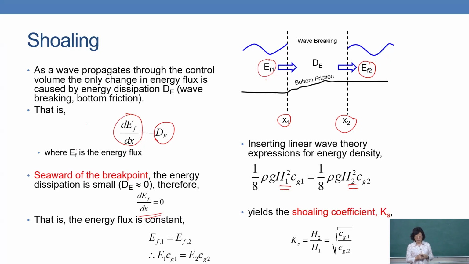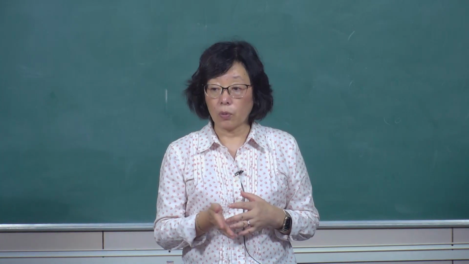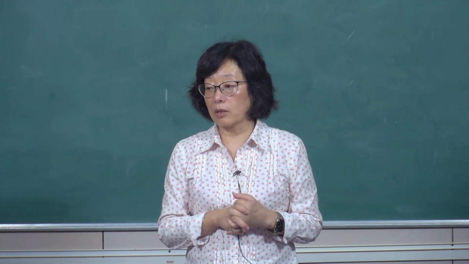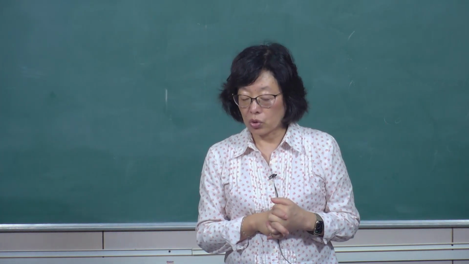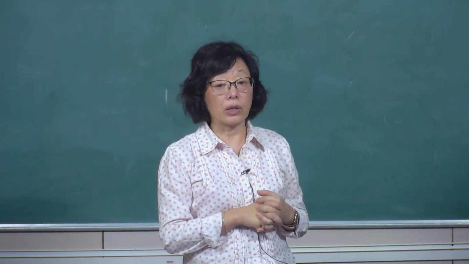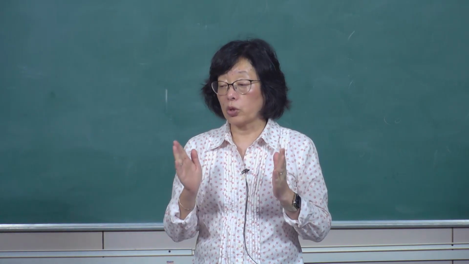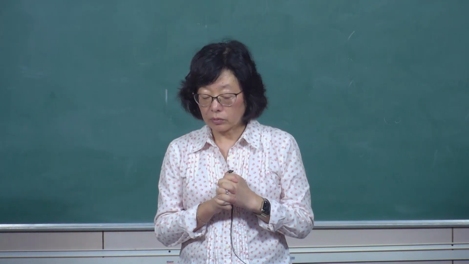So we have a shoaling coefficient Ks, the ratio H2 over H1, which is the same as the square root of the ratio of the group velocities at these two locations.